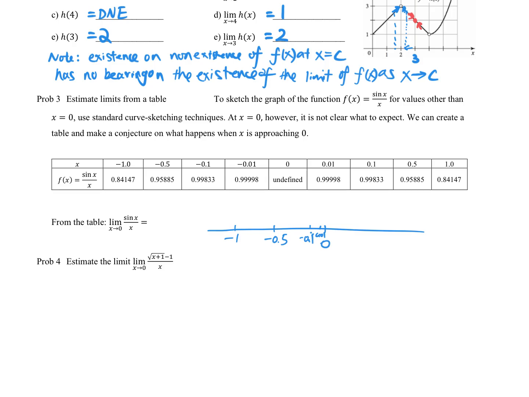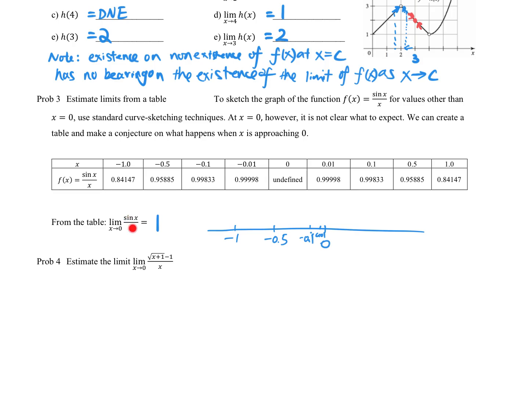So based on those numerical values tabulated here, we can make a reasonable conjecture that this limit when x is approaching 0 is equal to 1. However, when x is 0, it's not defined because of the 0 in the denominator.